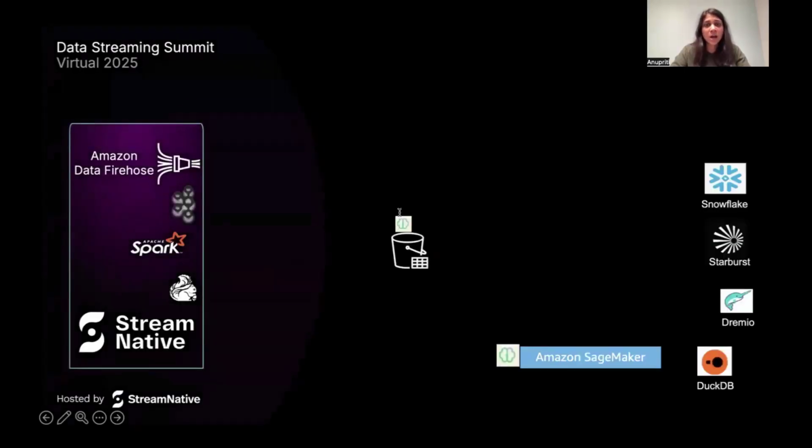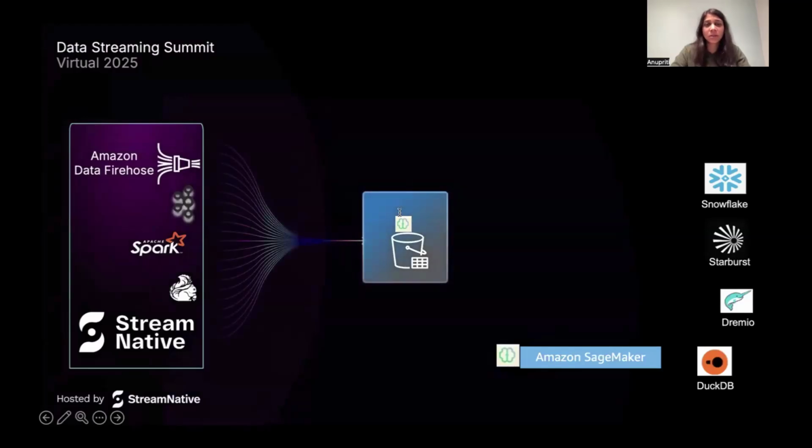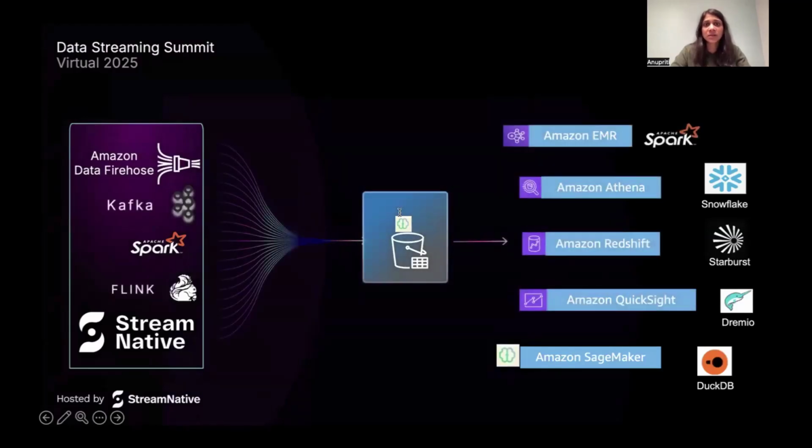So let's take a look at how this actually happens. To power these use cases, customers are using a variety of streaming engines. Here we have highlighted some of the popular ones we see in the field. Like there's Amazon Data Firehose, which is a fully managed solution from AWS for direct ingestion right into S3. StreamNative's Ursa engine, which offers tight integration with Apache Pulsar.